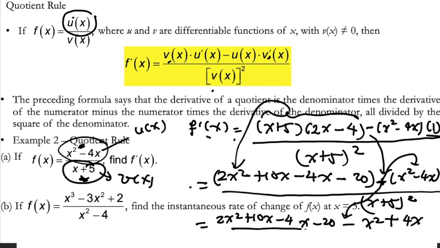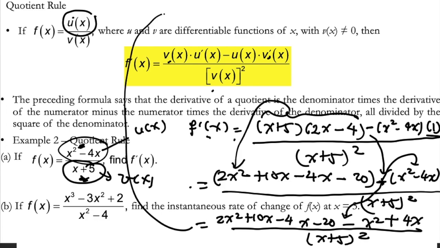And then the denominator, we write it again as usual, x plus 5 squared. Because I don't have enough space, I write the last line here. Equals, simplify it further, x squared plus 10x minus 20 over x plus 5 squared. Okay, so that's it. That's the answer.